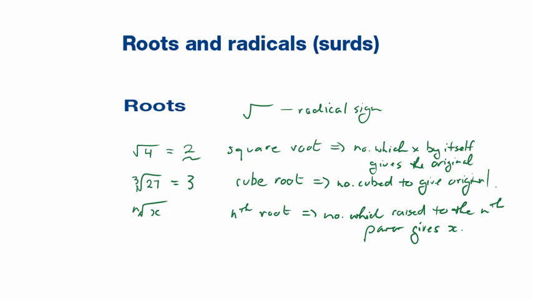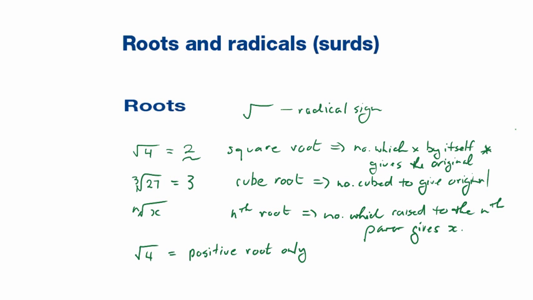Sometimes it's important to realise that this symbol, for the root of 4, means the positive root only. So it's often called the principal root, the positive root only. So it's 2, not -2, because -2 by -2 will also give 4. So the principal square root is the positive one. Looking back at these definitions, a number which multiplied by itself gives the original could have been -2 by -2 also.